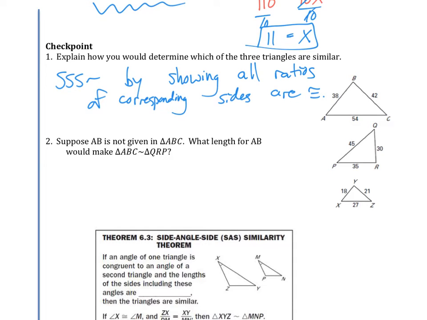So it'd be the 2 small sides, the 2 medium sides, and the 2 biggest sides. If all those form equal ratios, then they're similar. It just says to explain how we would do it. It doesn't say that we actually have to do it.